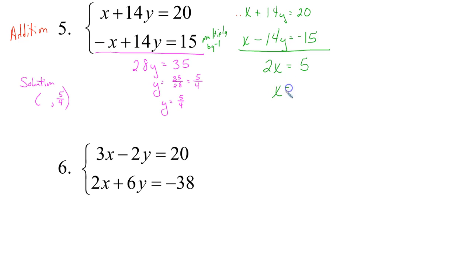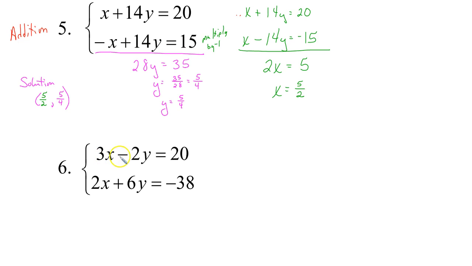Dividing both sides by 2, I get x is equal to 5/2. So sometimes you can go back and solve the system a second time using a different method or different variable elimination, and it makes it easier than substituting backwards to find the second value. Totally your option. Let's look at problem number 6.